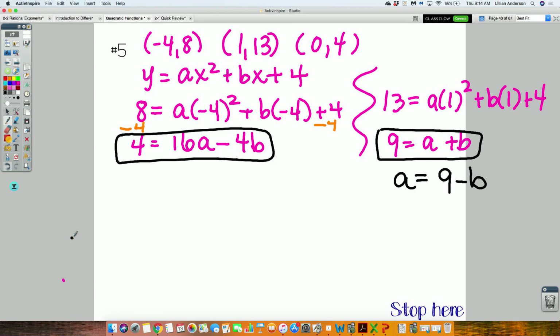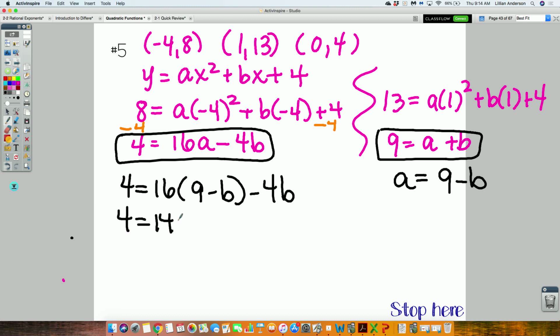So now that we have A in terms of B, we're going to substitute that in. So we'll have 4 equals 16 times (9 minus B) minus 4B. It's a substitution. 16 times 9 is 144 because we're going to distribute that 16. Minus 16B. And I apologize if my b's and my 6's look similar.